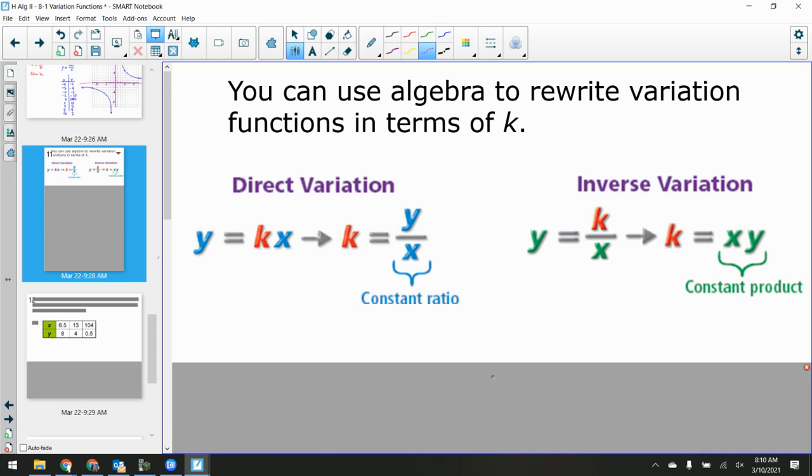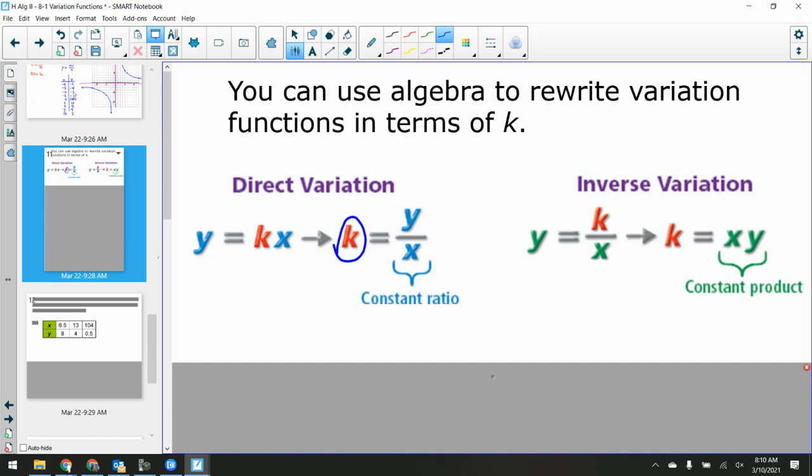You can use algebra to rewrite variation functions in terms of k. What's unique about variation functions is that you can always solve them for k. Notice that in a direct variation, k is equal to y divided by x. In an inverse variation, if you solve for k, k is equal to x times y.